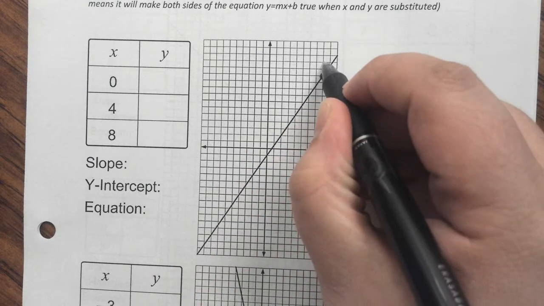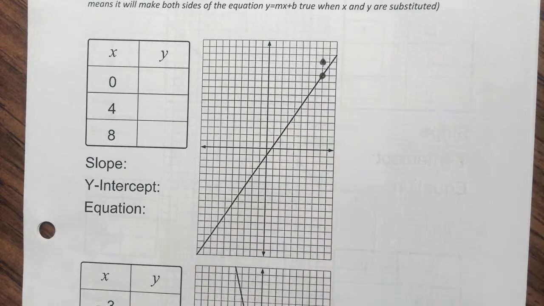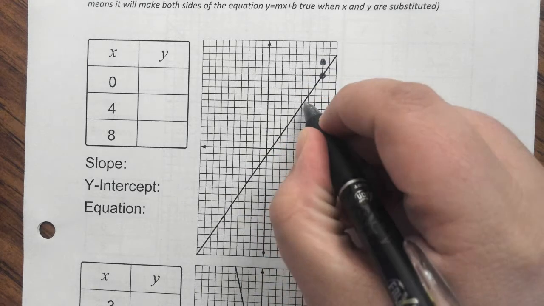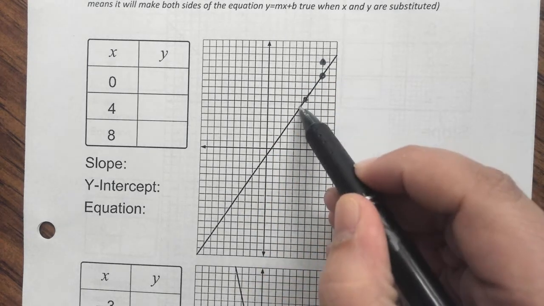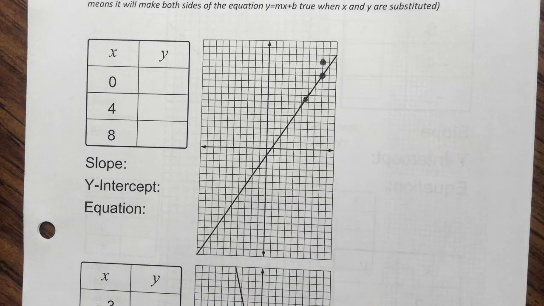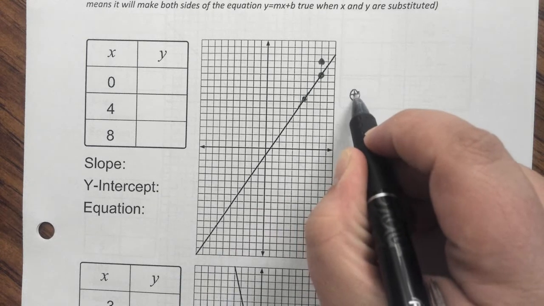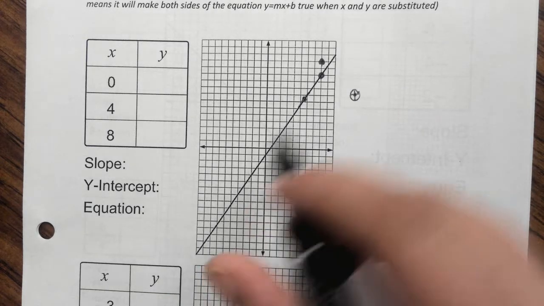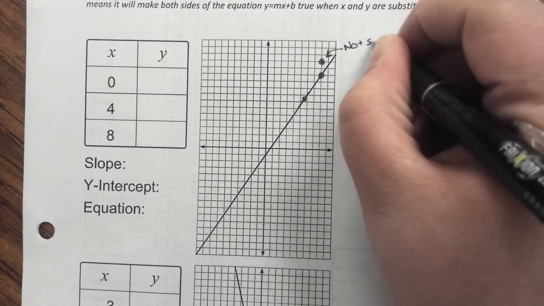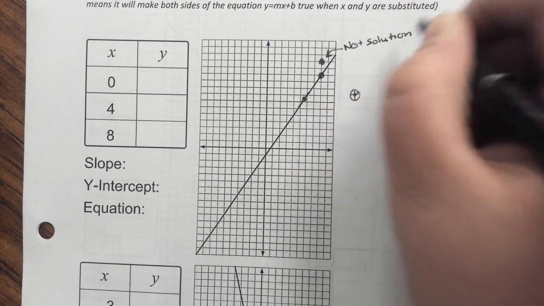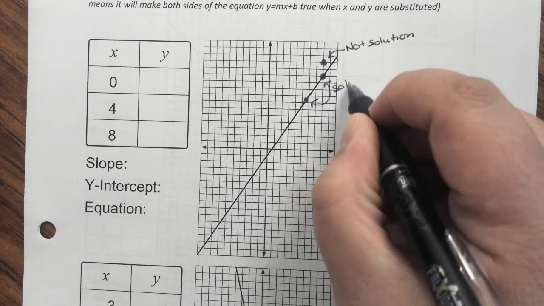Something like this would not be a solution because it is not on the line. Even something like this is a solution. It's on the line, it's just not one of those perfect points, the targets or the crosshairs. It doesn't go over a crisscross. So this is not a solution. But these are solutions.